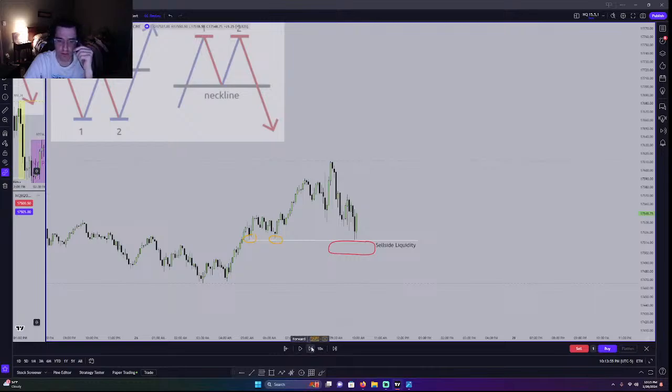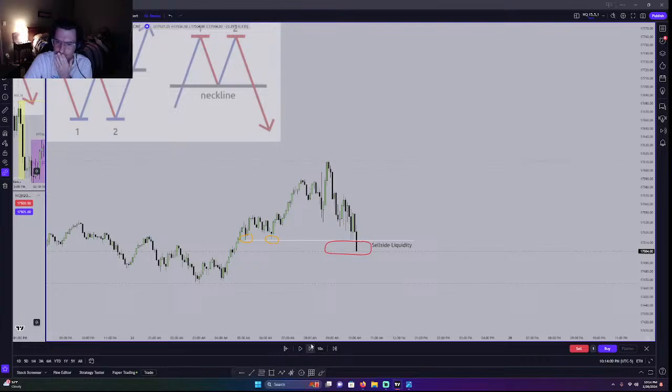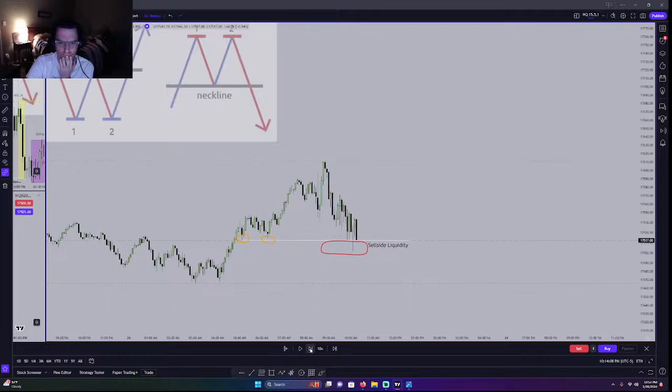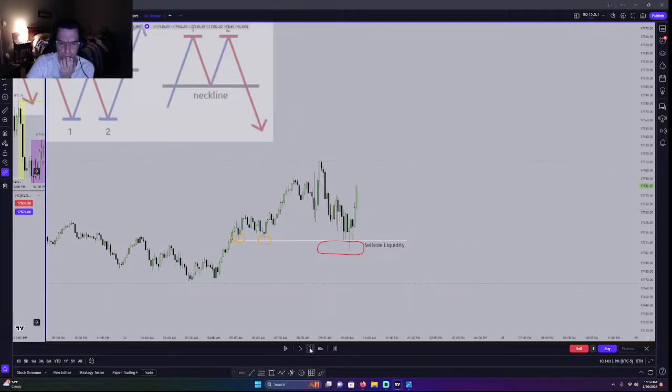Retail's thinking we're all going long. Coming down. Oh, and then it bounced up. Okay. Maybe. Boom. That's all you need to know right there. This area, you don't see it, but smart money got in right here.